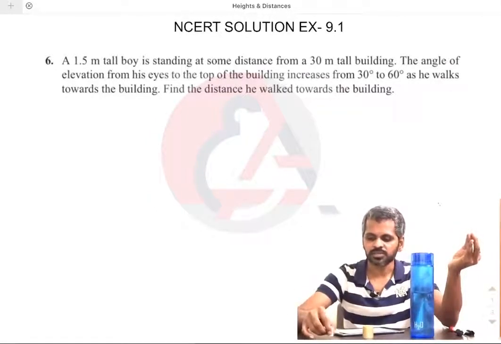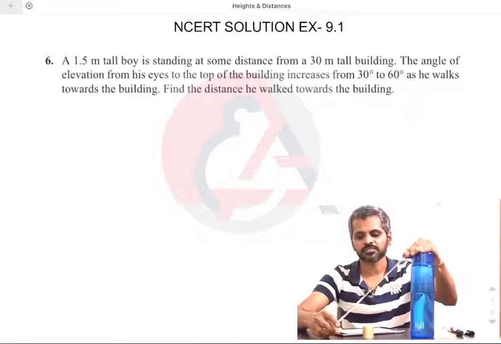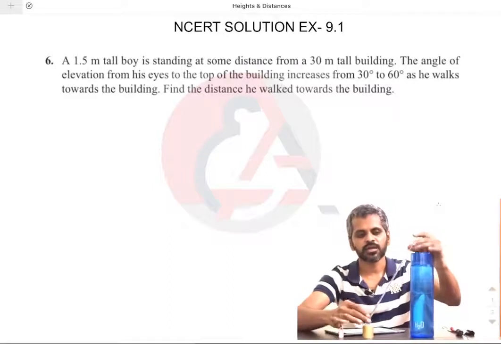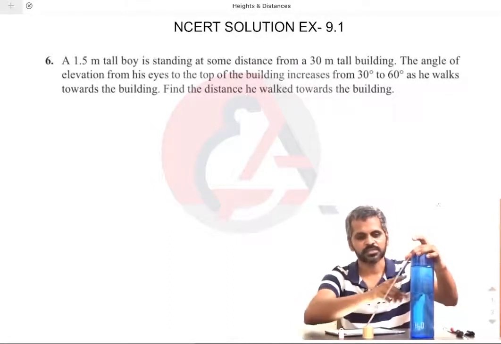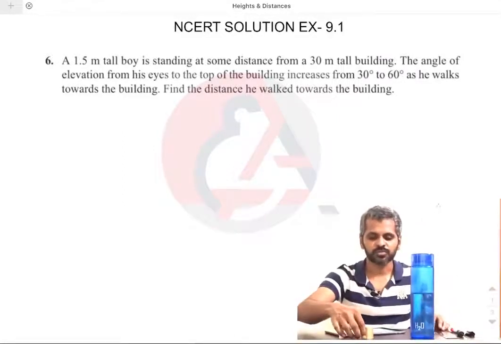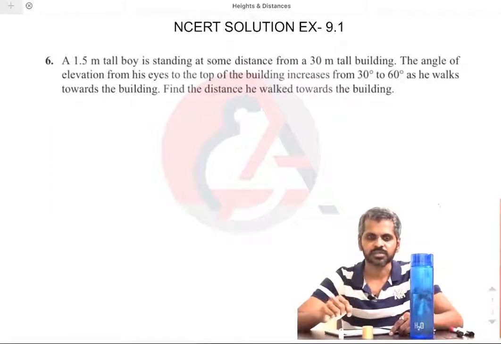Suppose this is the initial position of the boy, and when he is observing from here, the angle of elevation is 30 degrees, and he walked from here to here. When he walked towards the building, the angle of elevation is 60 degrees. So when he walked from the first position to the next position, the angle of elevation changed from 30 degrees to 60 degrees. This is how we can visualize the problem.